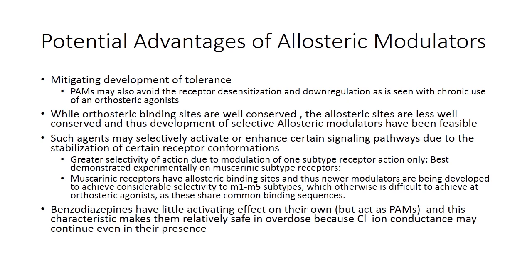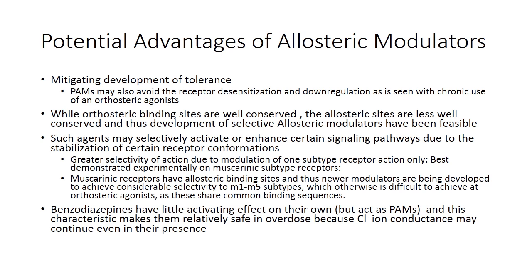Potential advantages of allosterism include mitigation of tolerance. PAMs may avoid the receptor desensitization and downregulation which is seen with chronic use of orthosteric agonists. We also now know that orthosteric binding sites, their amino acid sequences, are well conserved across the generations.